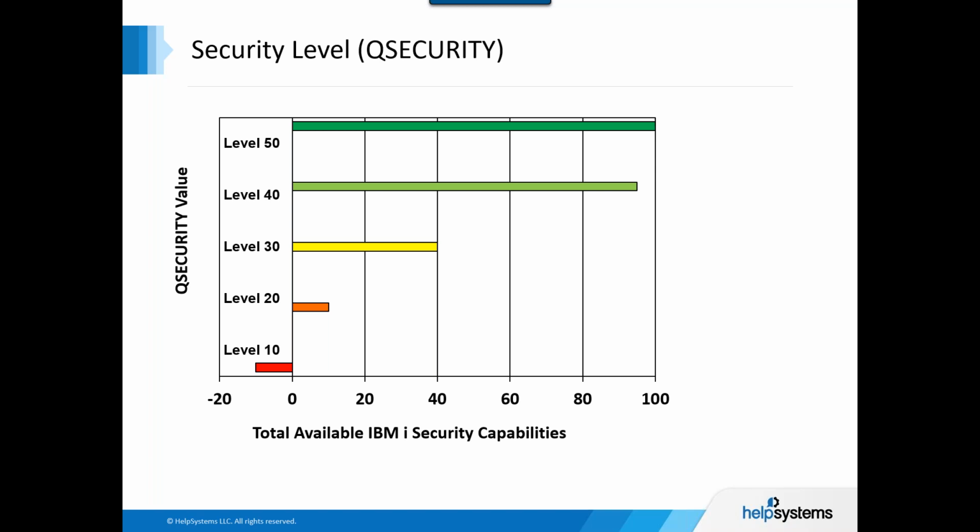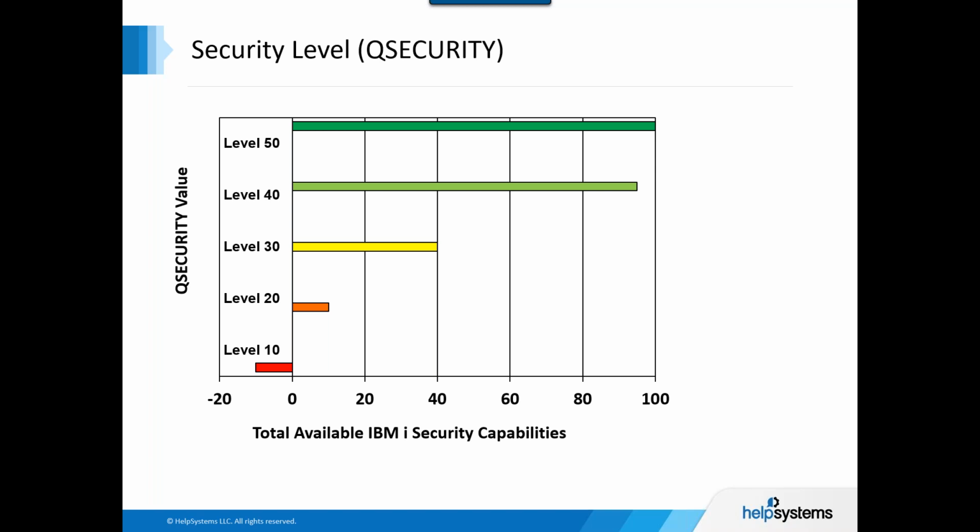So QSecurity: if you know anything about me, you know that I insist that systems have to be running at security level 40 or 50 to have any guarantee of security at all. At the lower security levels, security is not assured. You can bypass it. And so you must be running at security level 40 or 50 to have operating system and data integrity.